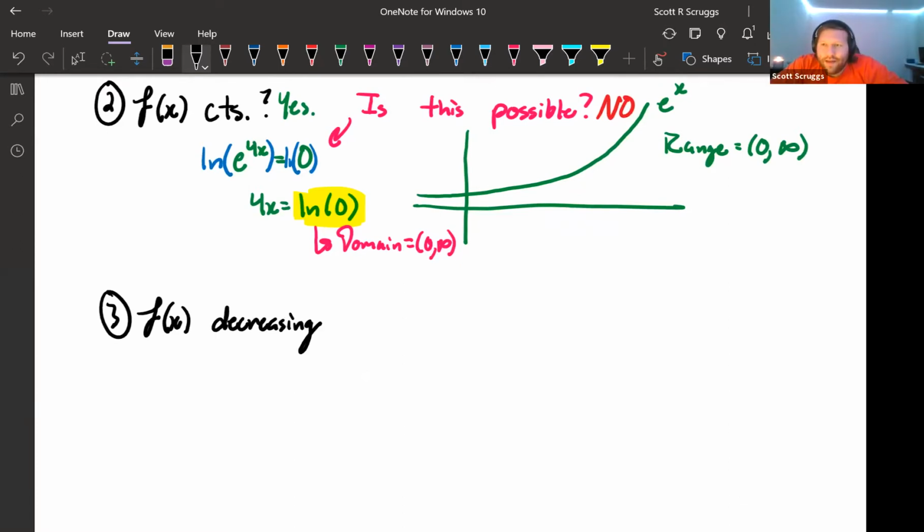And now the third condition is f of x decreasing in my domain. Again, quickest way I can think of to check is do the first derivative test.